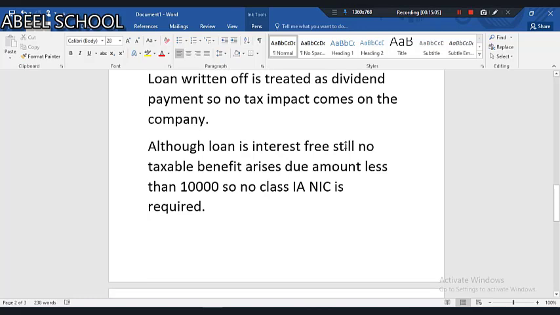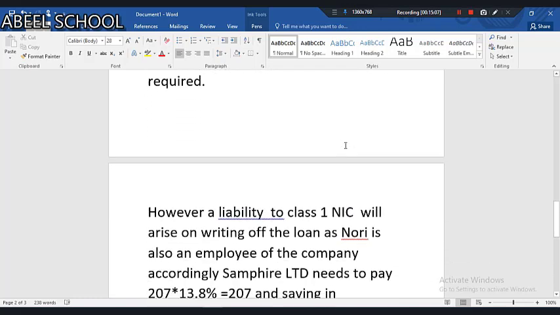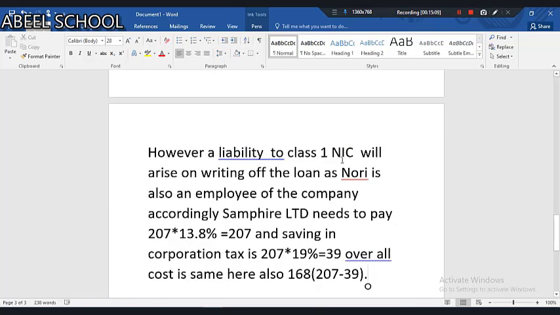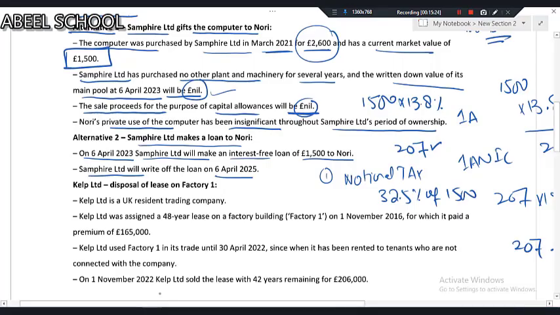Although the loan is interest free, still no taxable benefit because it is less than 10,000. However, a liability to class 1 NIC will arise on writing off the loan, as Noori is also an employee of the company. Accordingly, Samphire will be paying 207 class 1 NIC and tax saving 39. So overall, additional tax is going to be the same.